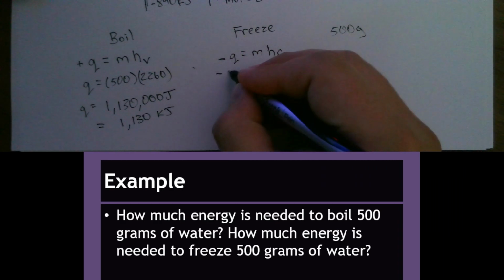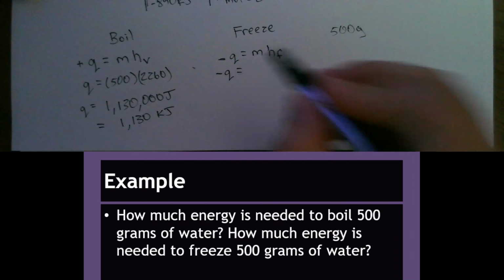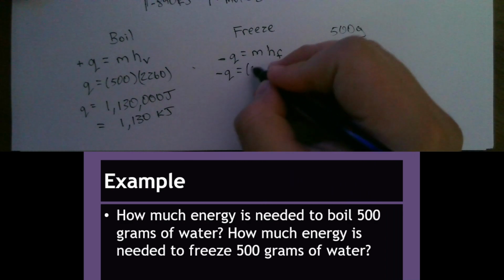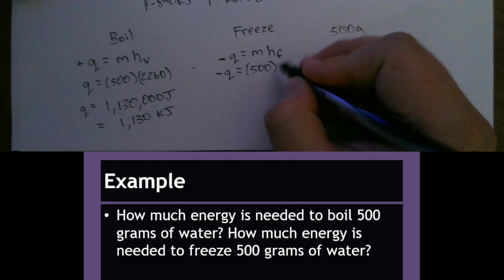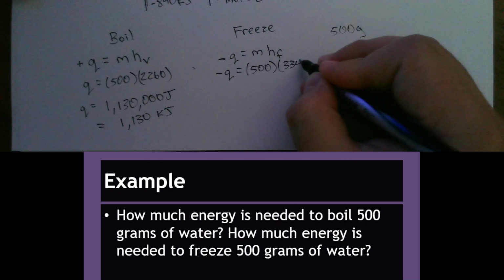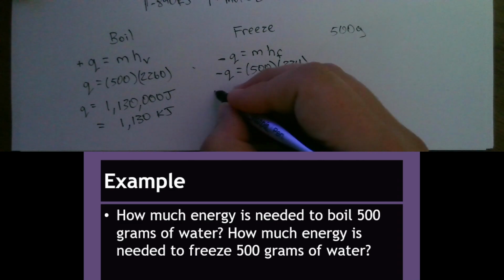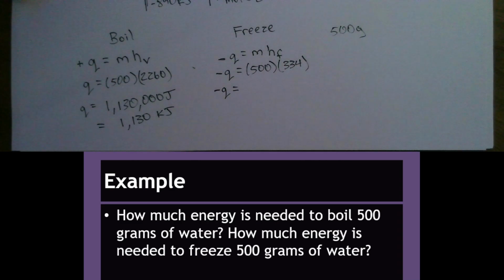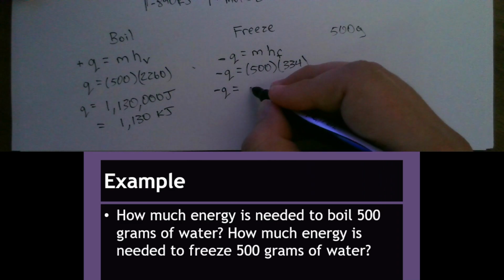Now for the freeze one, I'm going to make my Q negative. My mass is still 500, and my HF is that other number, 334. This time I'm going to multiply a slightly smaller number.